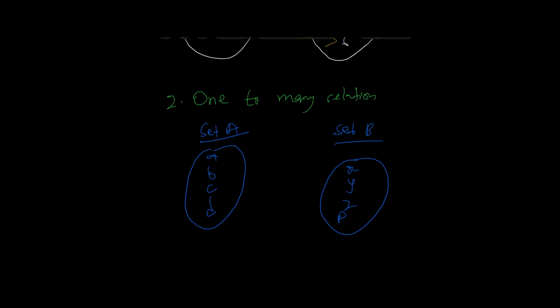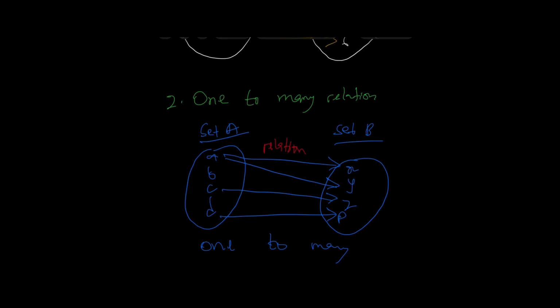For example, if A maps to X and Y, this maps to this, and this maps to this, this is said to be a one-to-many relation. The reason why it's a one-to-many relation is that one here has many elements here.